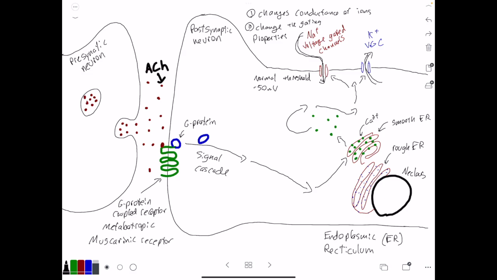And so what we can actually do here through signaling is change this threshold. And so this signaling may increase the threshold. And so this may mean that we now have to depolarize to negative 40 millivolts, just using it as a relative example.